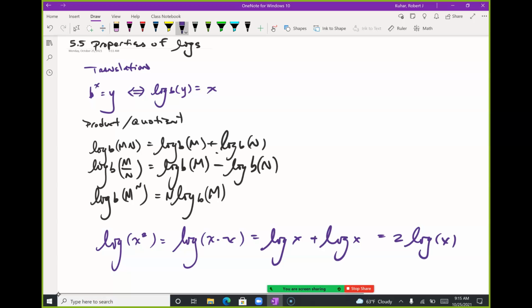The proof is not difficult, but to save some time, I think this should give you some confidence that it definitely is true. If I have something to a power, I can write that as a bunch of products and split it all up as a bunch of sums and then gather them up. And then, of course, the sum of the terms is going to be that power, and it would become the coefficient.